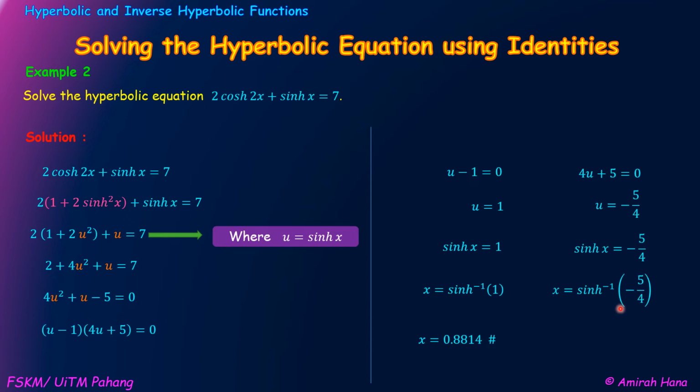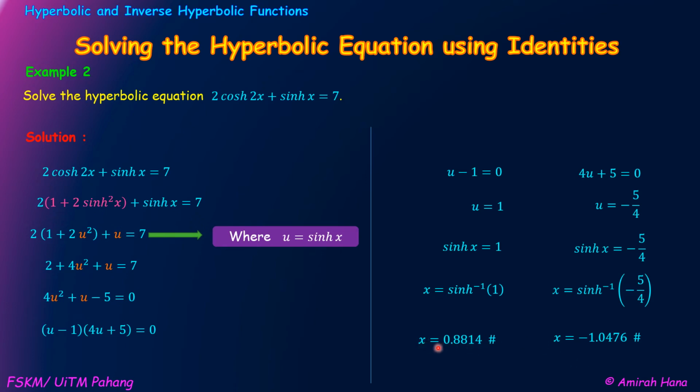From here, we can use a calculator to find the value of x. Using a calculator, we got x equals negative 1.0476 up to 4 decimal places. So these are the values of x.